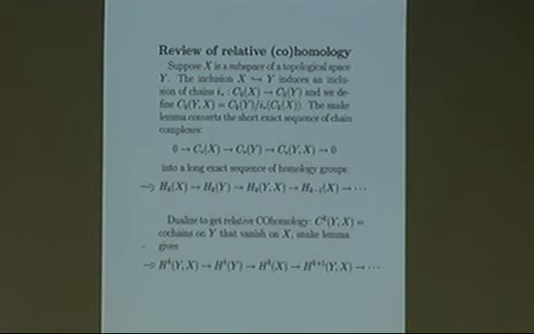And you get this nice short exact sequence of chain complexes. And then we all know the snake lemma, that once you have a short exact sequence of chain complexes, you get this long exact sequence of cohomology, and then you're off and running.